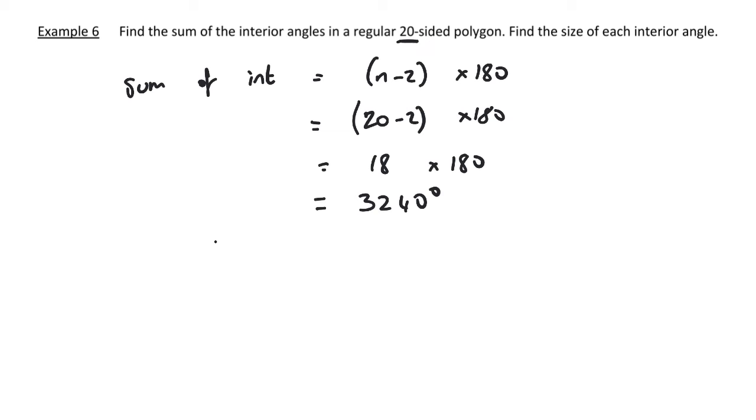So all 20 angles add up to 3,240. One interior angle is 3,240 divided by 20, which is 162 degrees. So a regular 20-sided polygon has 20 angles each of 162 degrees.